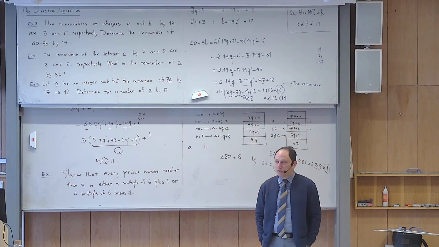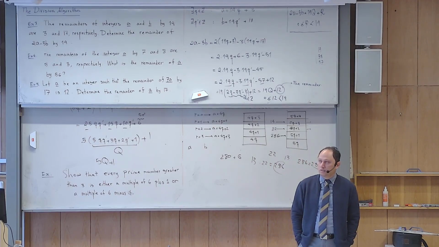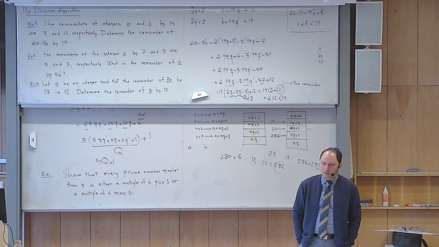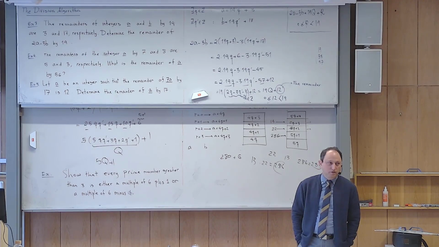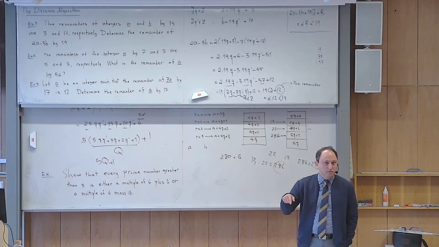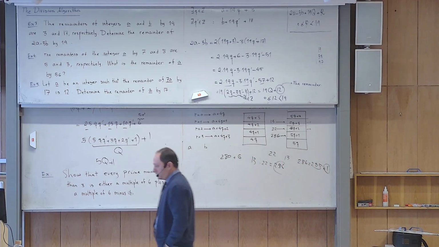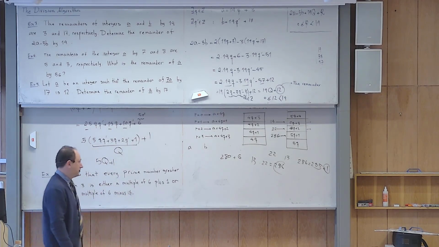Another number, for example, 23. It's a multiple of 6 minus 1 again. Another number, for example, 43. 43 is a multiple of 6 plus 1. So it doesn't matter which prime number you choose, it is one of these. And it is not trivial, I want you to feel it.